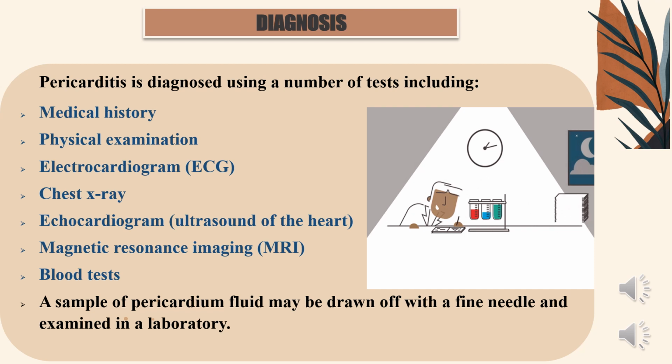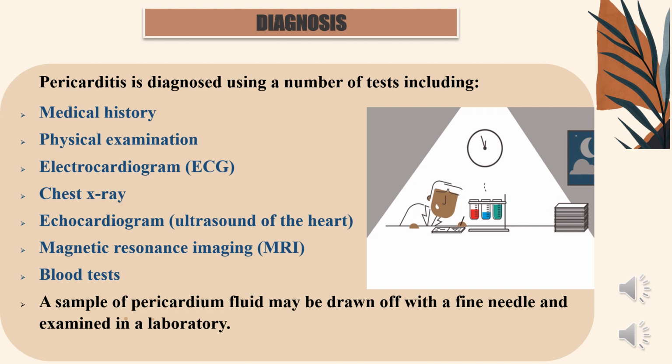An echo will show the classic signs of constrictive pericarditis, including a stiff or thick pericardium that constricts the heart's normal movement. Magnetic resonance imaging (MRI) is ideally suited for evaluation of small or loculated pericardial effusions, pericardial inflammations, and functional abnormalities caused by pericardial constriction, and for characterization of pericardial masses.